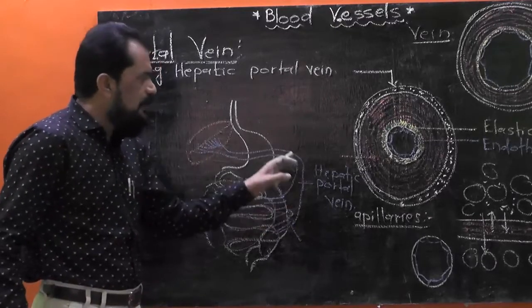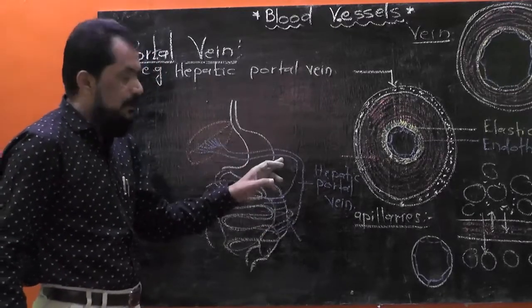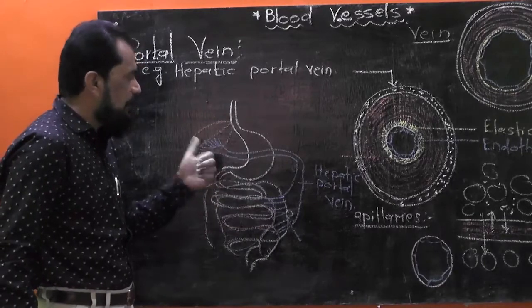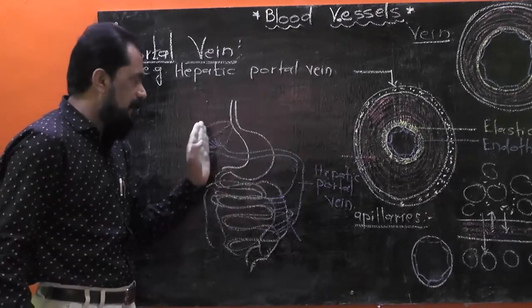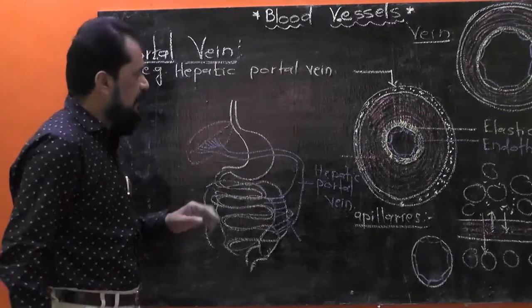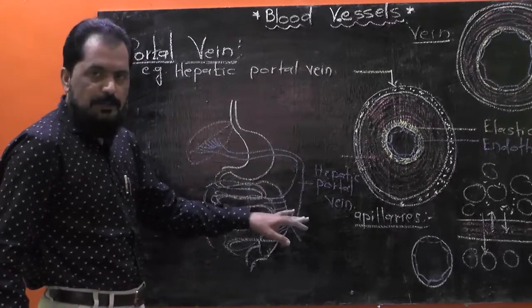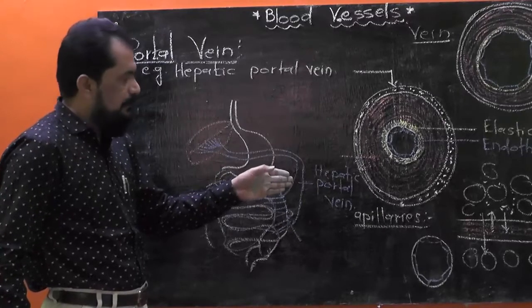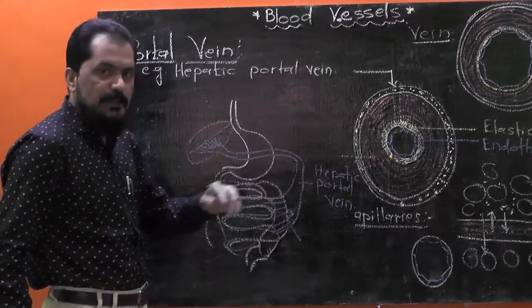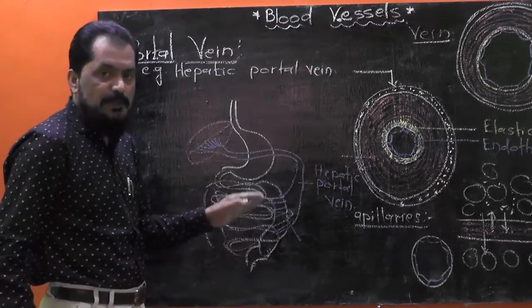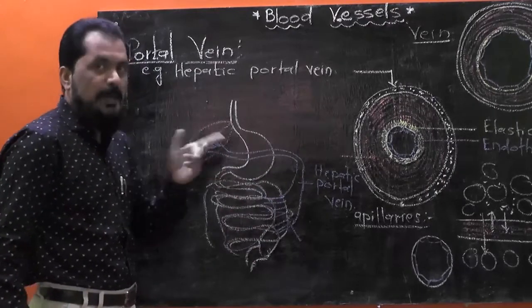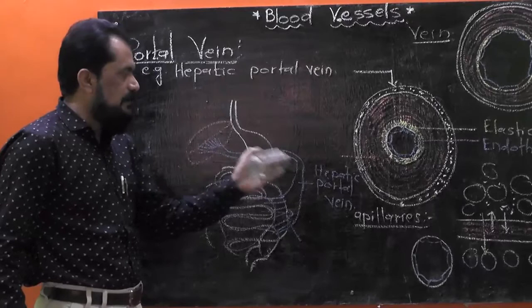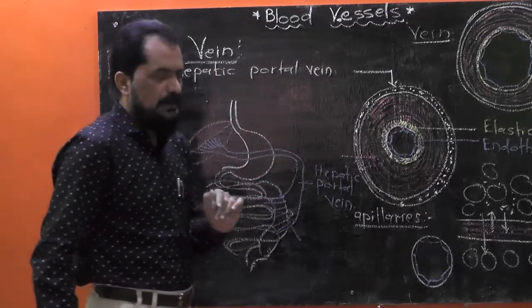Now this blood vessel, this vein which has dual capillary system, double capillary system at its proximal end as well as its distal end, is known as the portal vein. And here in this example, as this portal vein carries the blood from viscera, from intestine up to the liver, that's why the name is given as hepatic portal vein.